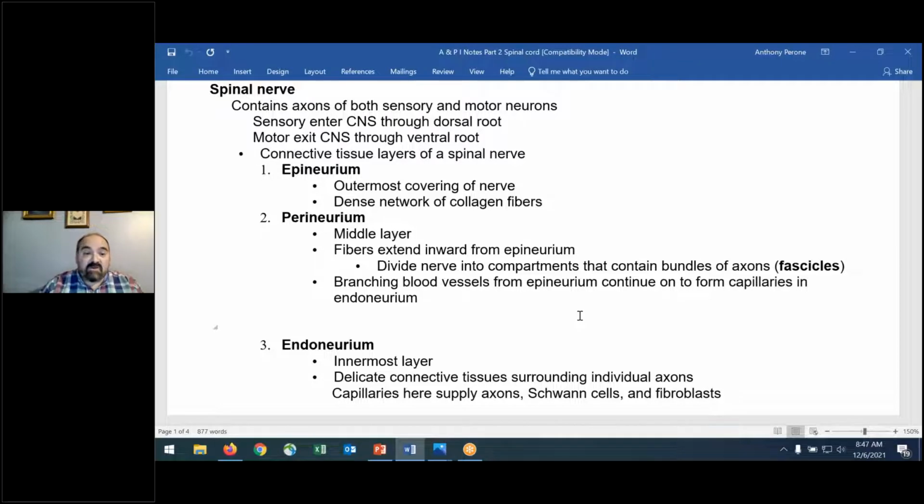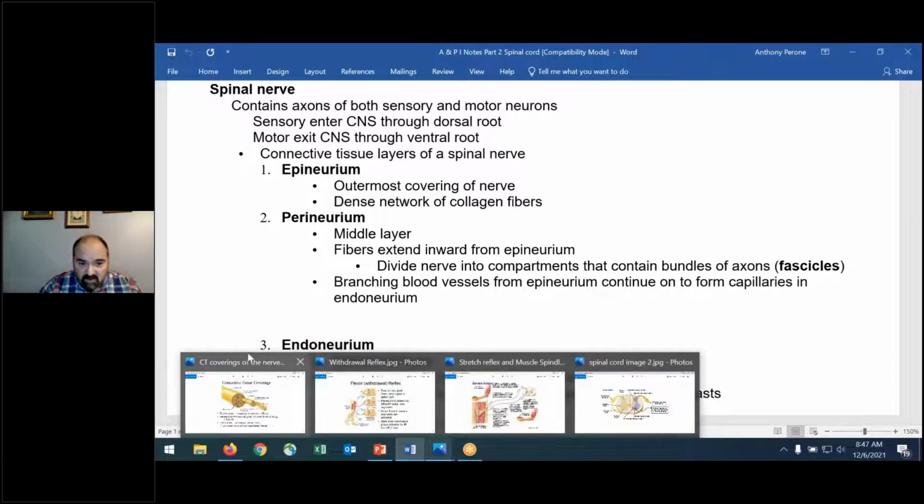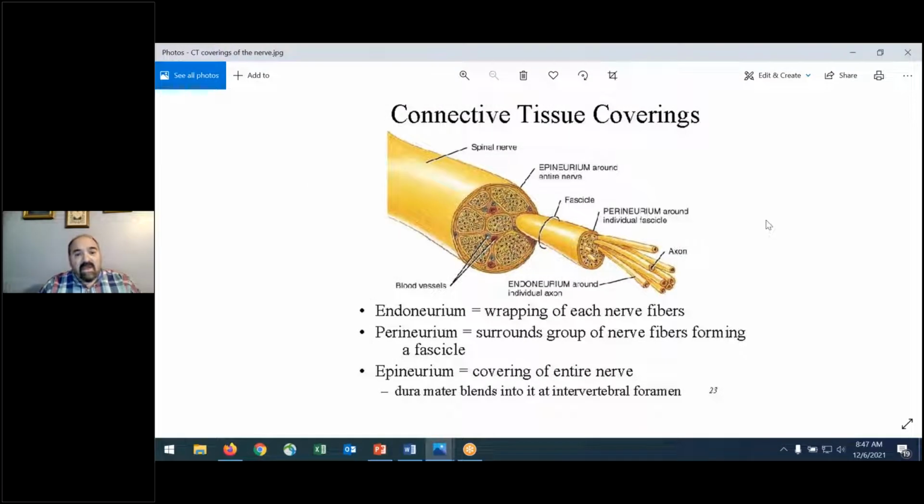Now you'll see connective tissue coverings, very similar to and analogous to what we looked at in skeletal muscle anatomy. So let's take a look at this image. The spinal nerve is covered in the epineurium, so covering the entire nerve is the epineurium.